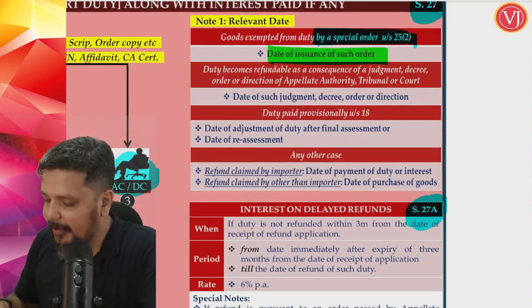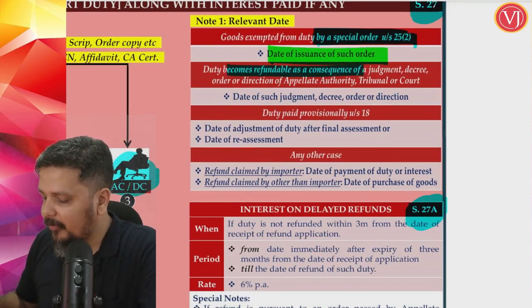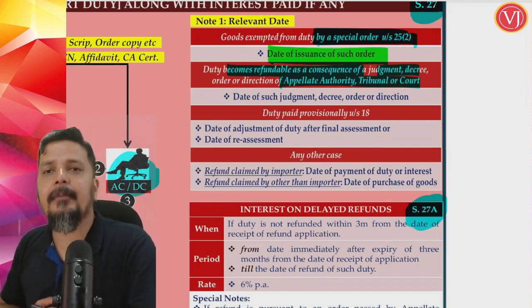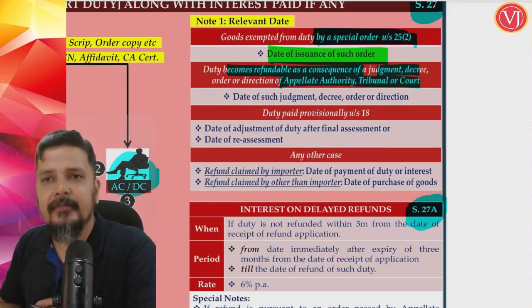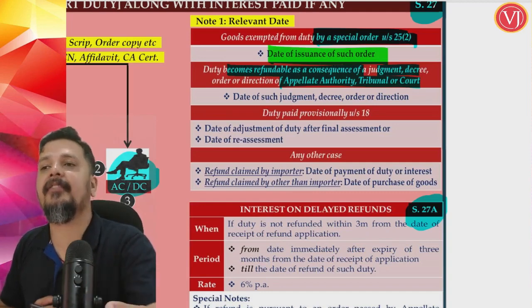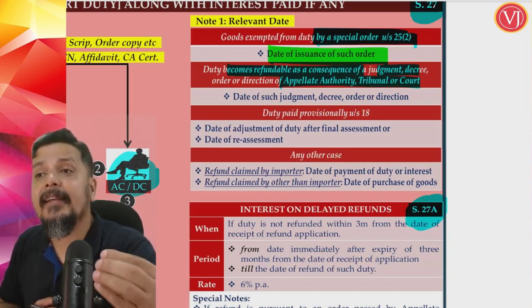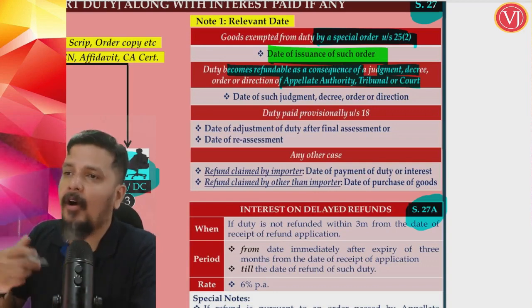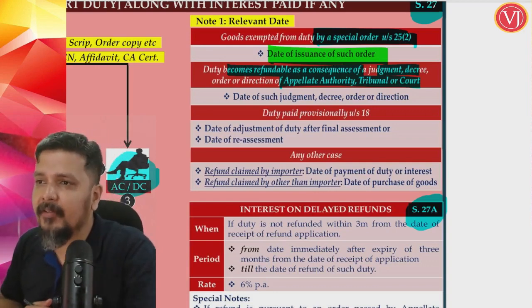Or if the duty becomes refundable to you because of a judgment, decree, order or direction of an appellate authority, tribunal or court, you are getting the refund because of an order in appeals. That order in appeals can come after 10 years. Now, after the order in appeals, you are going to make a refund application.